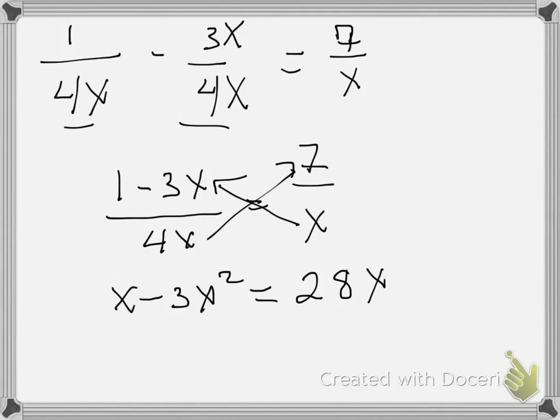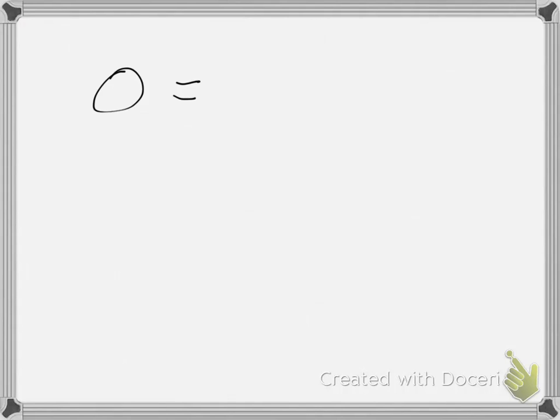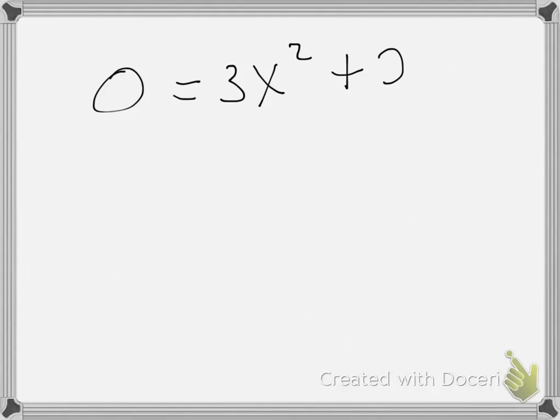Well, let's see. How about if I move the x and the 3x squared to the other side? And that would give me 0 equals 3x squared plus 27.